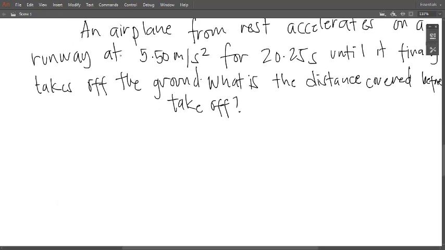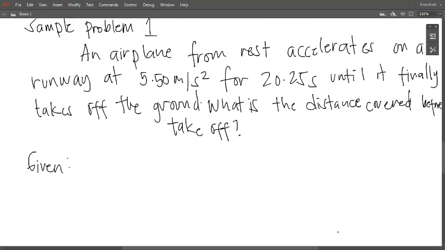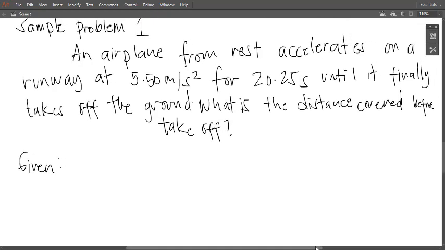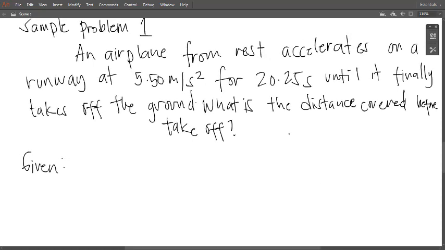So let us have the given numbers here. What are the things that we must have? So we have these numbers: 5.50, 20 seconds, and nothing more.